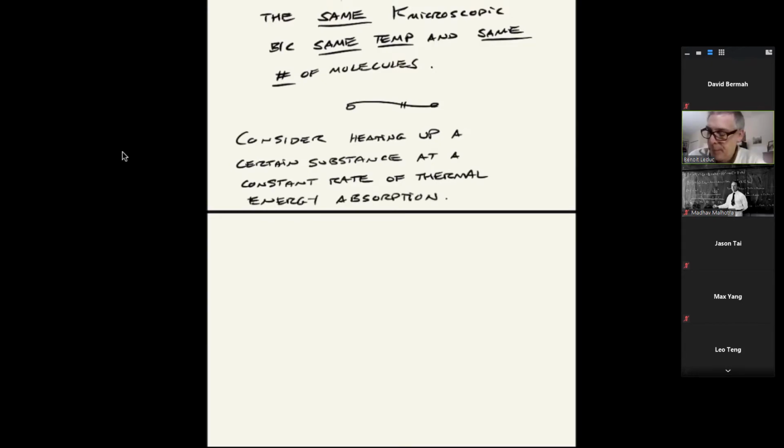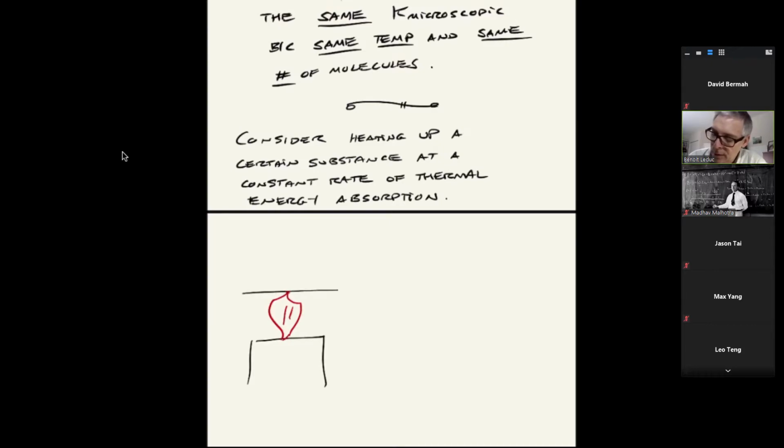So here I'll put a flame. Of course, a flame doesn't really give off thermal energy at a constant rate, but that's not the point here.